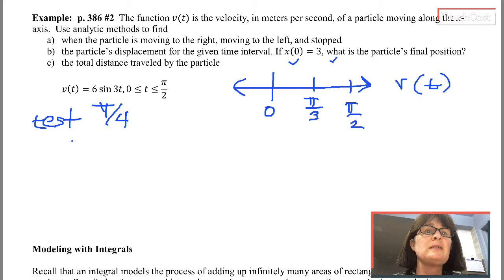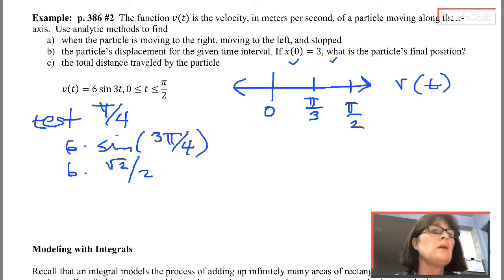So that's going to be 6 times the sine of 3 times pi over 4. So 3 pi over 4, which is 6 times radical 2 over 2. I don't even need to simplify. All I need to do is notice whether that result is positive or negative. I found that to be positive.